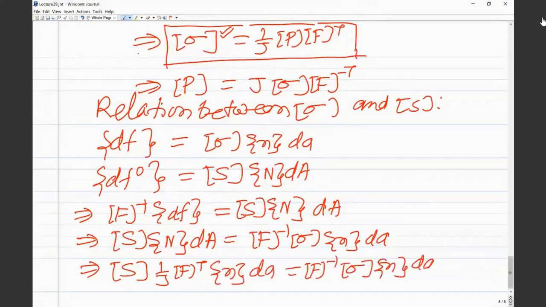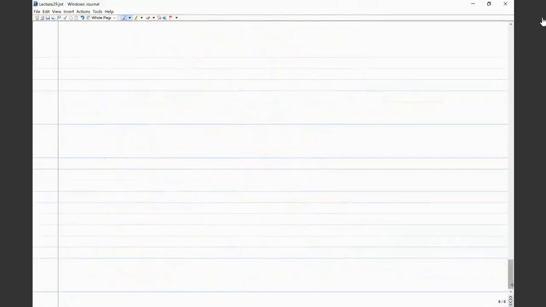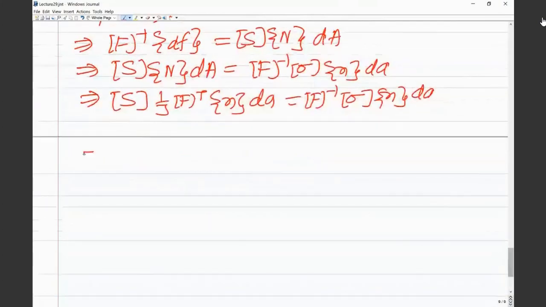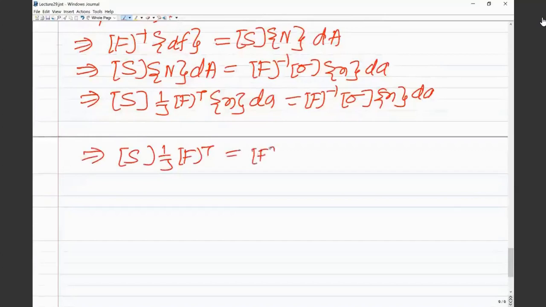And now you see small NdA is common on both the sides. So you can now express, let us say, S 1 upon J into F transpose is equal to, on the other side we have the Cauchy stress.